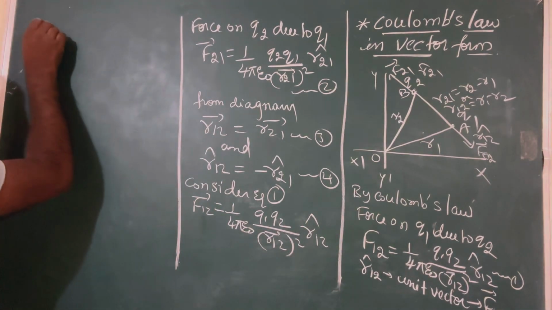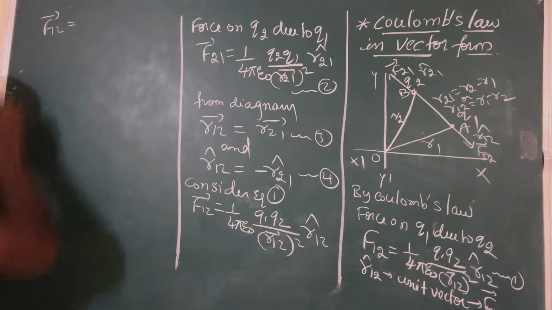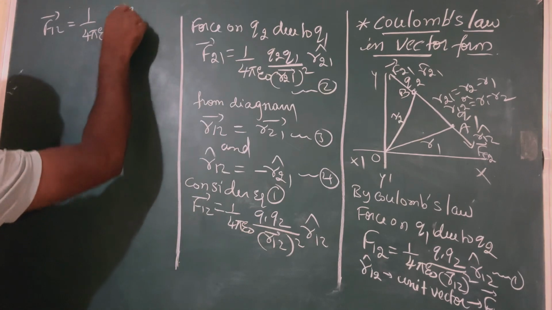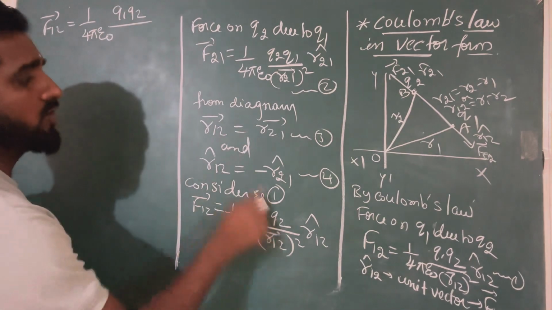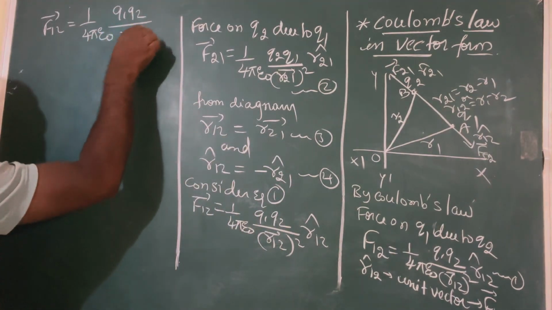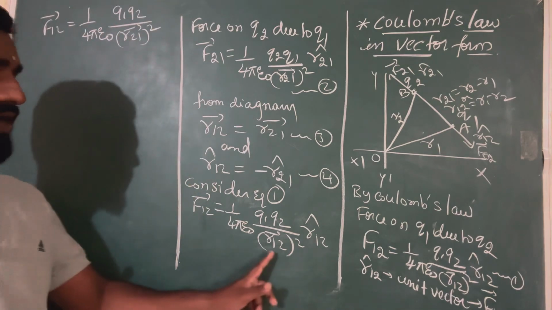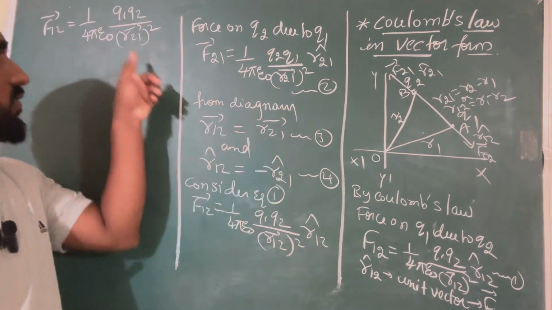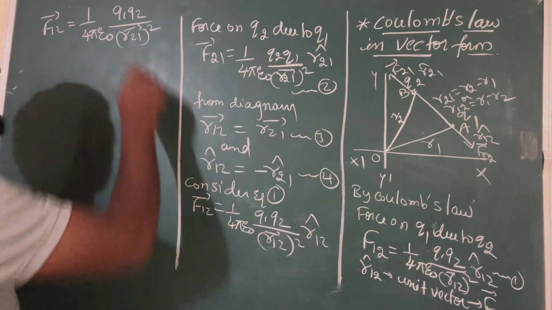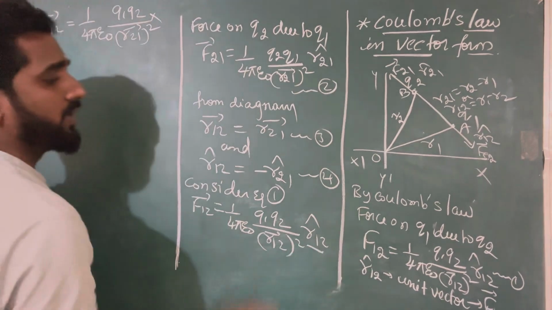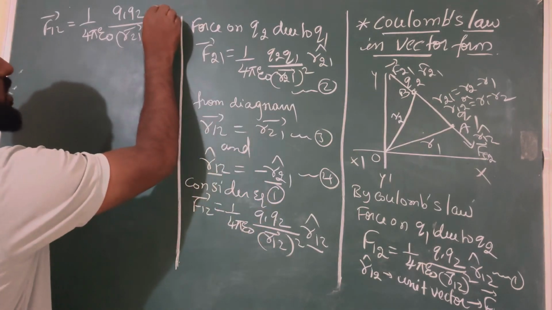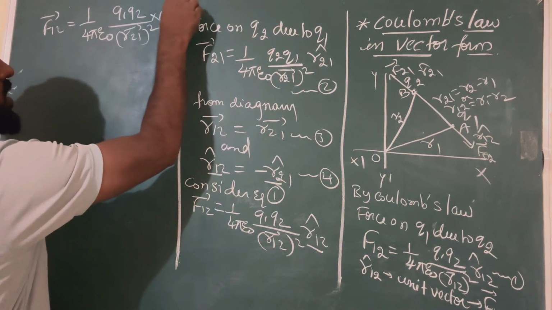So the F12 vector is equal to 1 by 4 pi epsilon naught q1 q2 divided by r12 square, and the r12 magnitude is the same as r21, so in place of r12 I am writing r21. So r12 whole square is equal to r21 whole square, into r12 cap, and r12 cap is equal to minus r21 cap. So I should write here minus r21 cap.